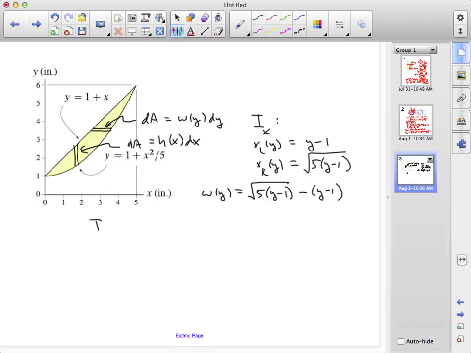Our integral for Ix then is the integral from y equals 1 to y equals 6. Y tilde is just y, so we have y squared times the width of y, which ends up looking like this.